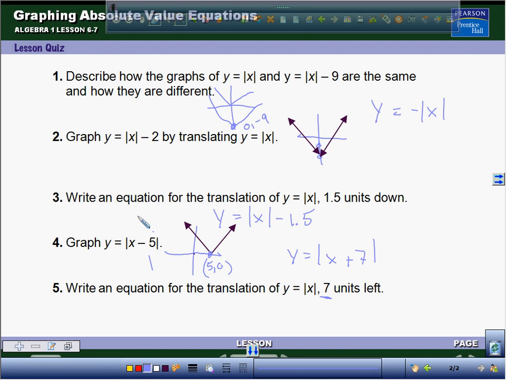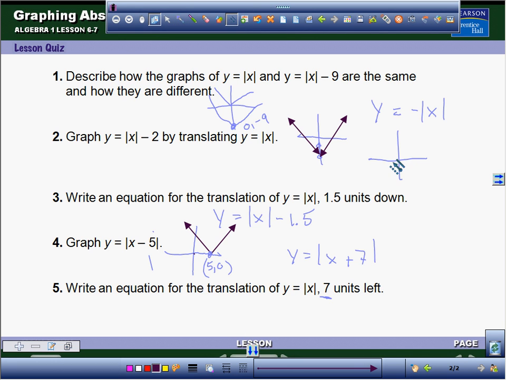Because all it does is it takes all those y values and makes them negative, right? So instead of going up like this, it's going to go down like this. That one's going to be upside down, like that. Y equals negative absolute value of x.